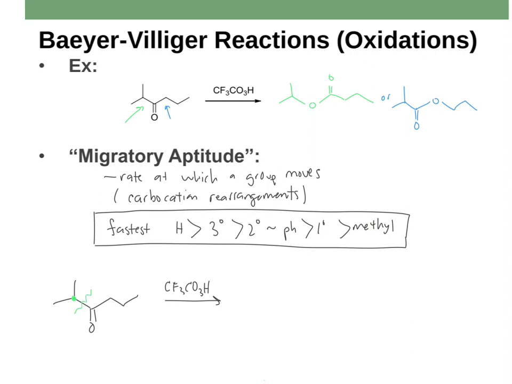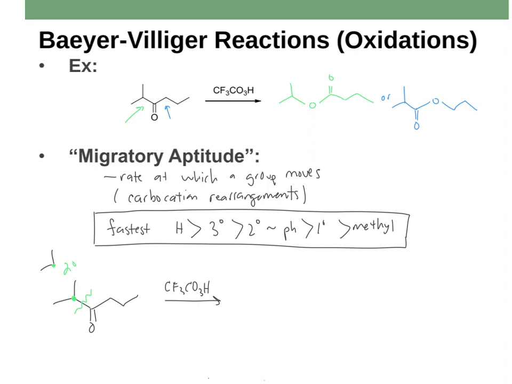Because if I popped that group off, it would just look like this, where this is that green atom. That group would be a secondary group. I know it's tertiary when it's on the ketone, but as a group separate from the rest of that thing, it's a secondary group, which moves relatively quickly. It's kind of in the middle.